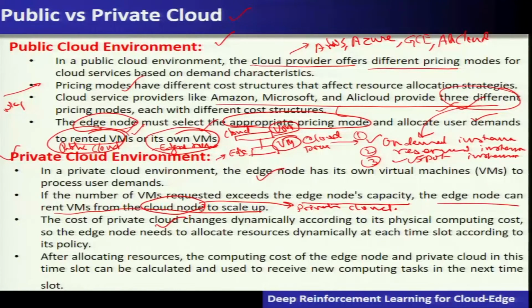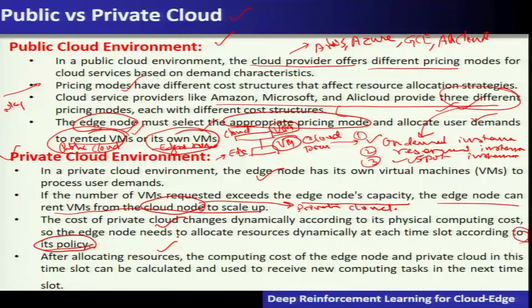So the cost of the private cloud changes dynamically according to the physical computing cost. So the edge node needs to allocate resources dynamically at each time slot according to its policy. We are going to see how to formulate this particular policy, so that the resource allocation policy eventually optimizes this entire cloud edge environment, or the cost function.